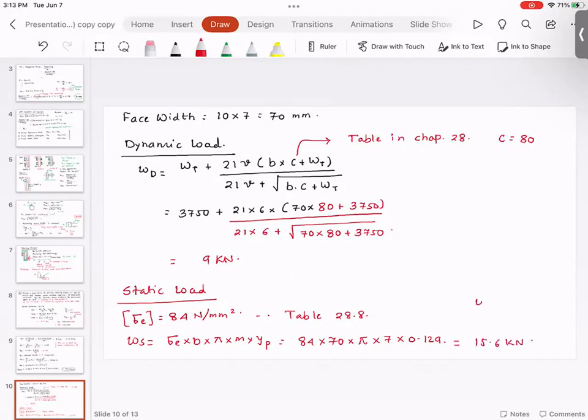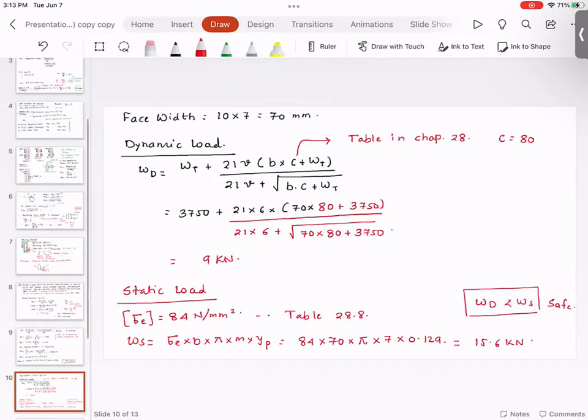So as you can see, WD, WS, safe. What do you mean by dynamic load? So dynamic load is WT plus WI, which is intermittent load. So if you look at the gear, it is not statically loaded.